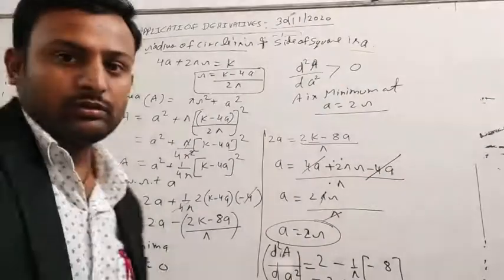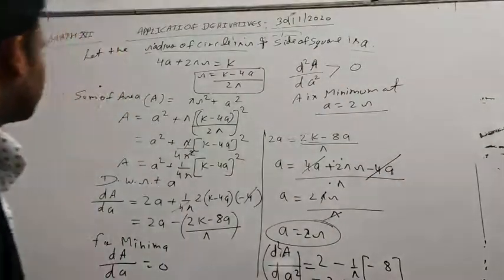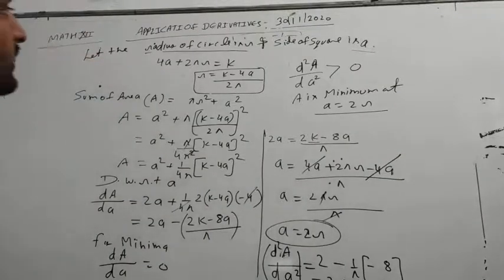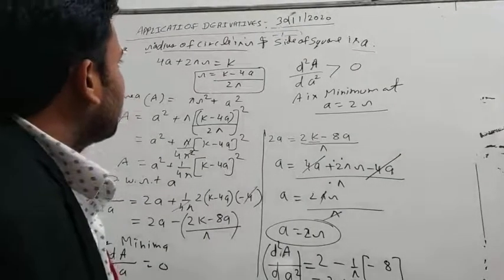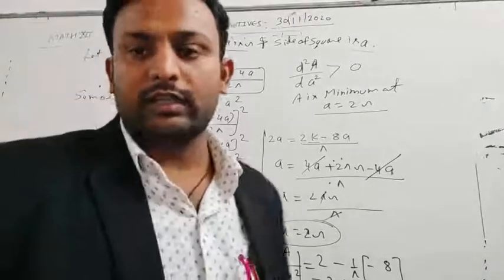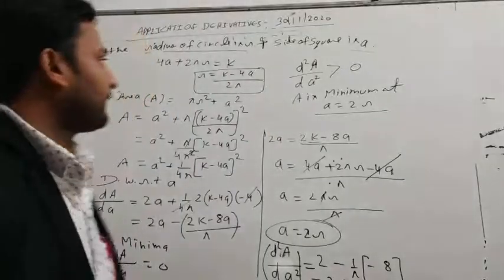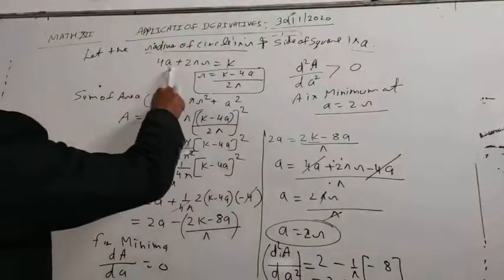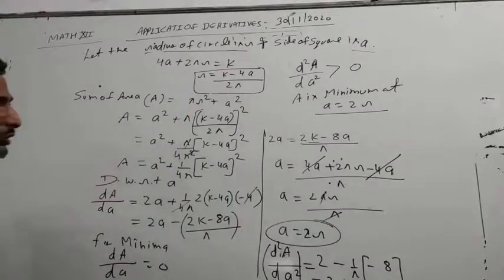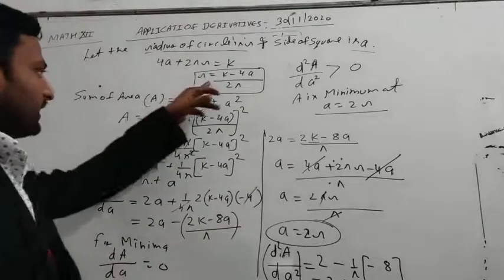Okay, so I hope you understand, because in this question it is given that the perimeter of circle and square is constant. So we have taken the perimeter of square and circle as constant. From here we are taking r outside, so r is this.